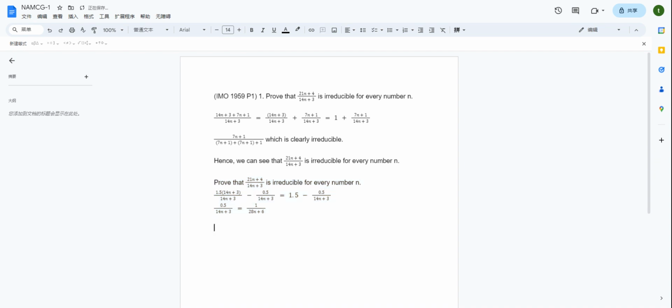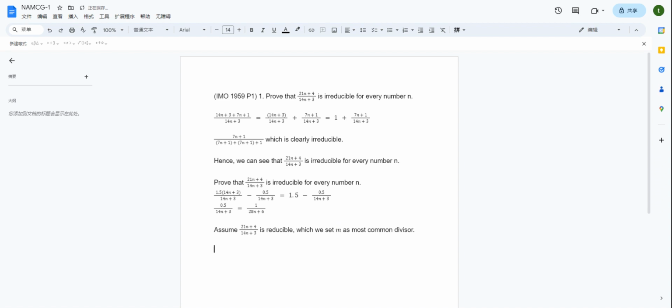We could also do another way, which is proof by contradiction. We assume that 21n plus 4 over 14n plus 3 is reducible, and we set m as the most common divisor.